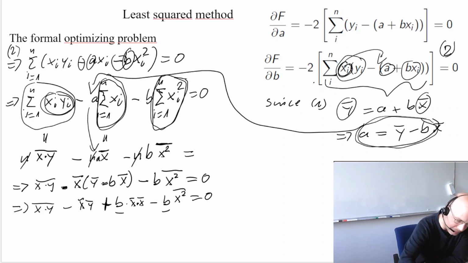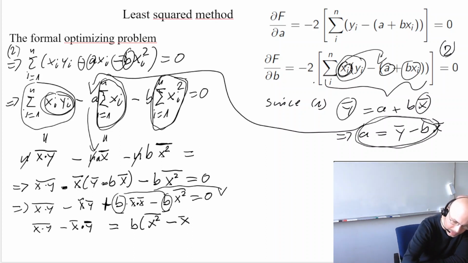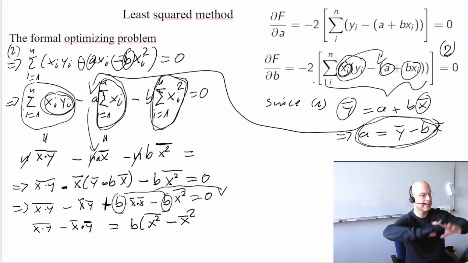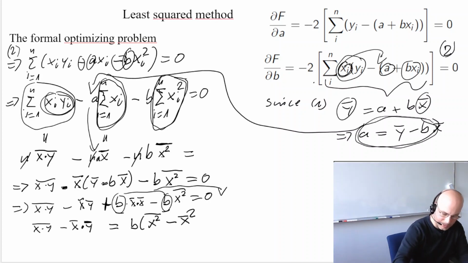Okay, collect this further. This means x y bar minus x bar times y bar equals, and now we put the two terms with the parameter b on the other side. So we obtain b times x squared bar, x bar times x bar means minus x bar, and now the squared out of the procedure of taking the average.